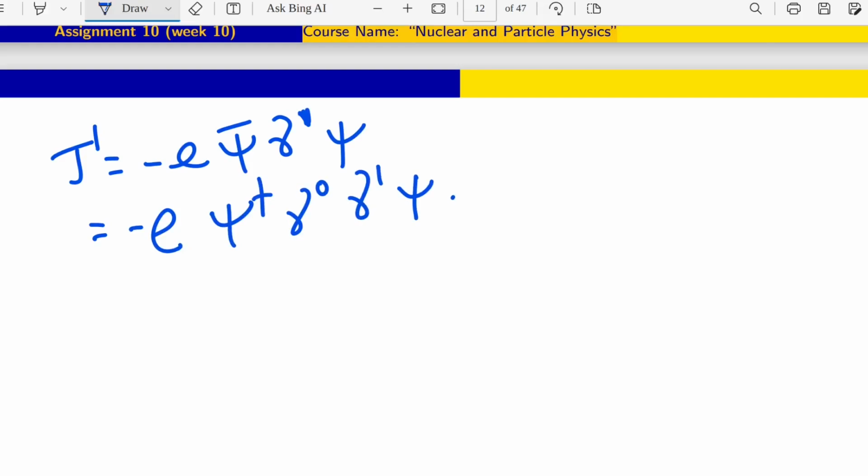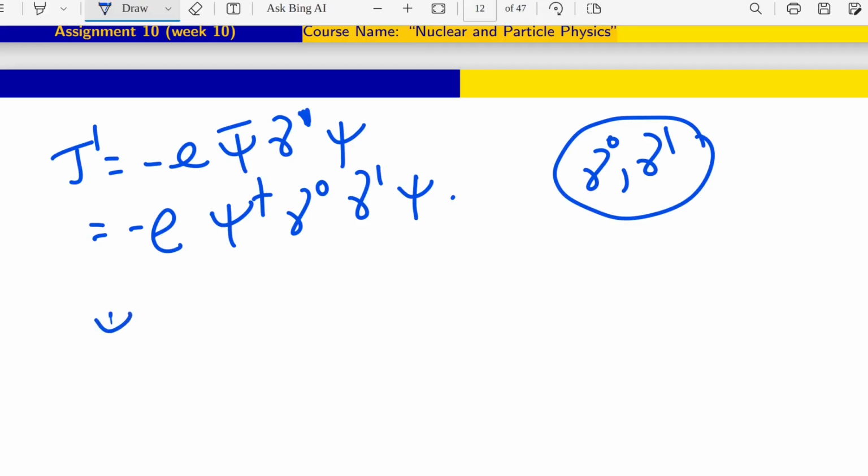We could write gamma 0 and gamma 1 explicitly and multiply them with this expression, but that would give a very long expression. So what we will do here is simply write psi dagger gamma 0 first. You know psi dagger is what?